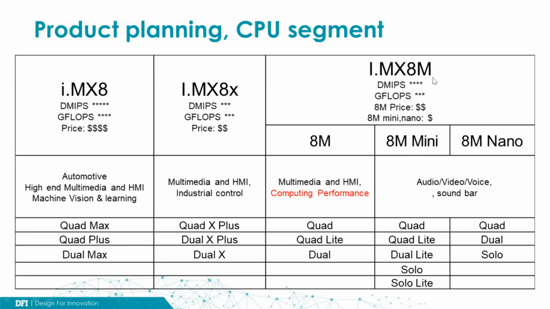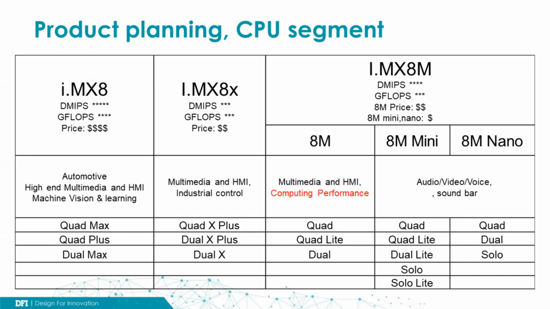And on the i.MX8M, you will have the quad or the dual CPU options. But on the entry level, the Mini and the Nano, you have more options for the solo, single core, or the solo lite version for some cost-concerned applications.